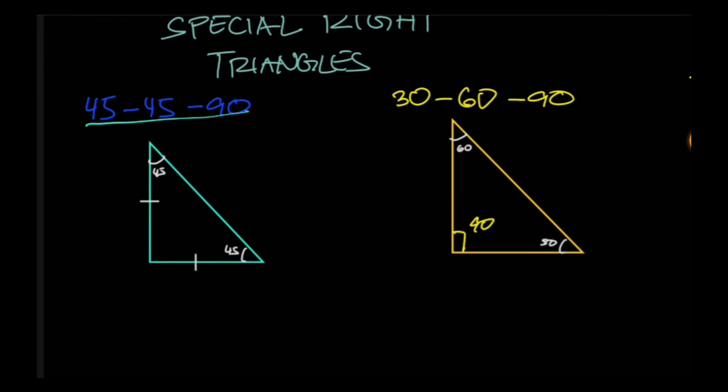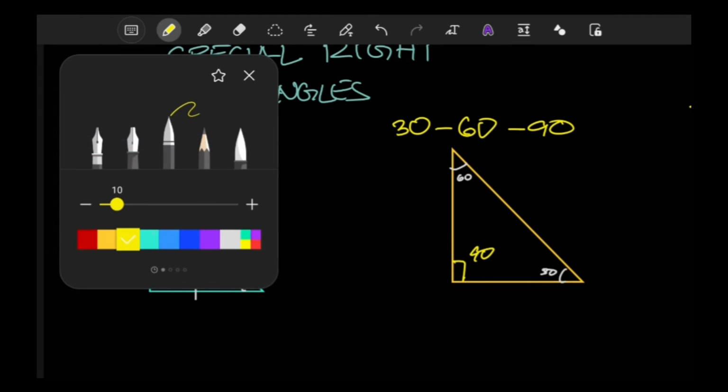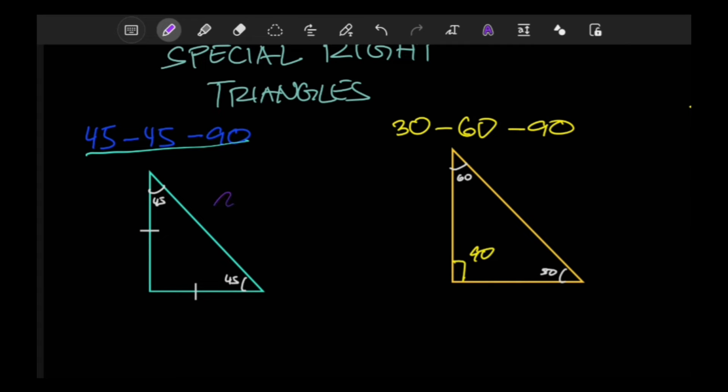Okay, next problem for the 45, 45, 90. Suppose that you have the hypotenuse of, let's say, how about 21?